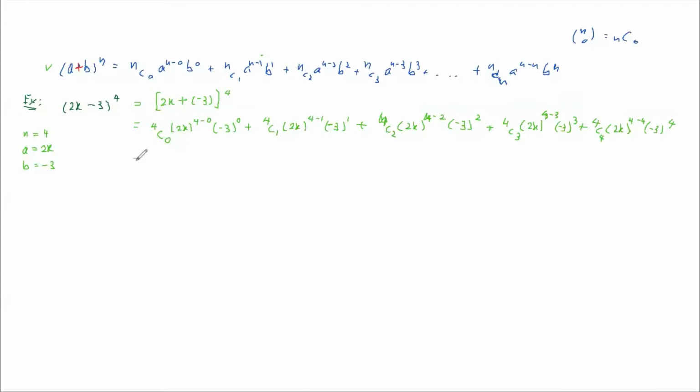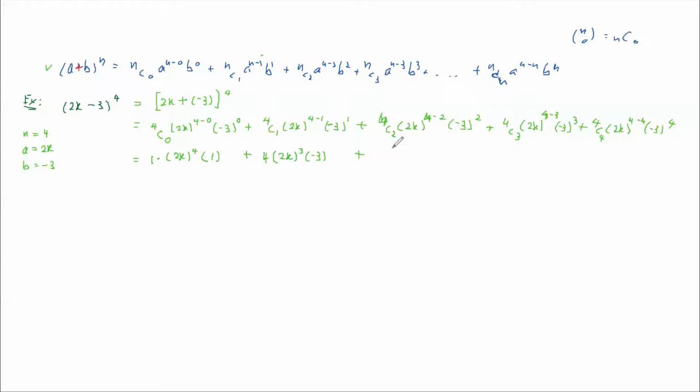Okay, now we simplify. 4C0 is 1, right? Times 2x power 4. Then any base to the power 0 is always 1, correct? Plus this term, 4C1, is 4, so times 2x power 3 times negative 3 power 1, still the same, right? Plus 4C2.